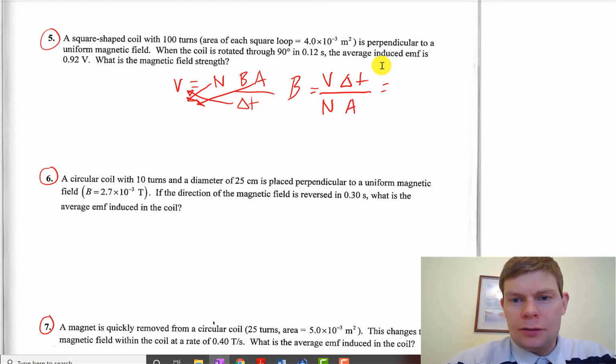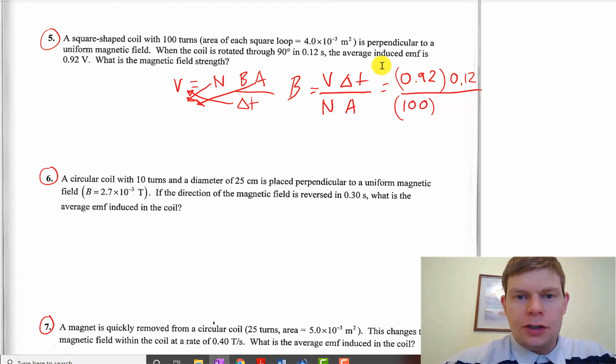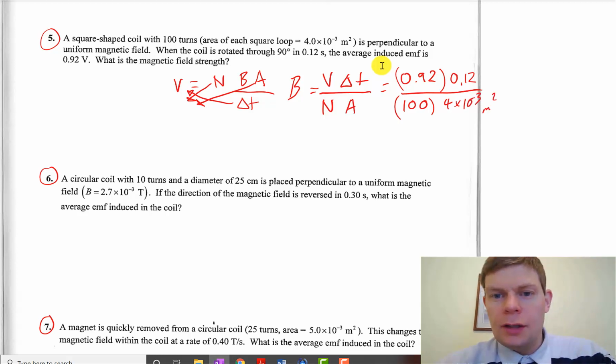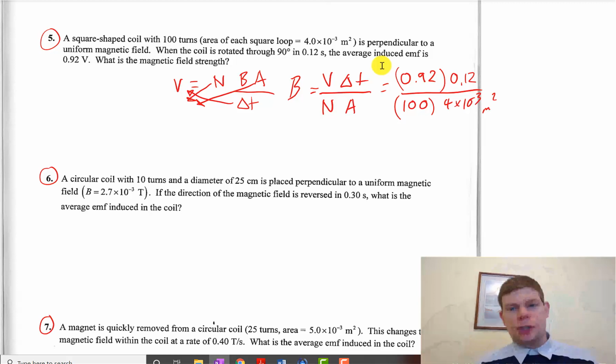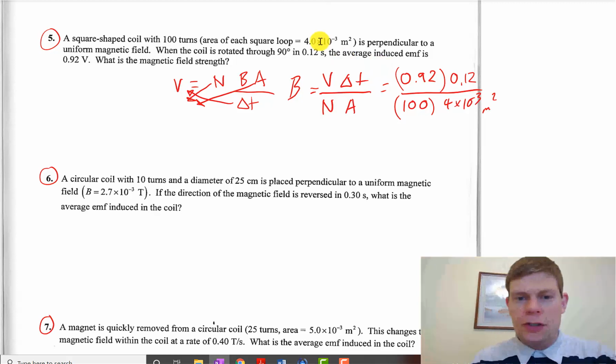And so we just plug it in: 0.92 times the time, which is 0.12 seconds, divided by our number of loops, which is 100, and our area, which is 4 times 10 to the minus 3 meters squared. Plug that in, you're done. Just a little bit of rearranging to solve for B instead of V. It's the big difference, that one.